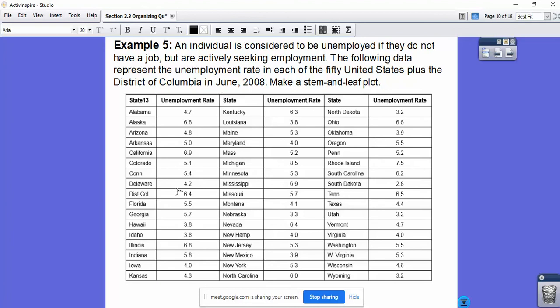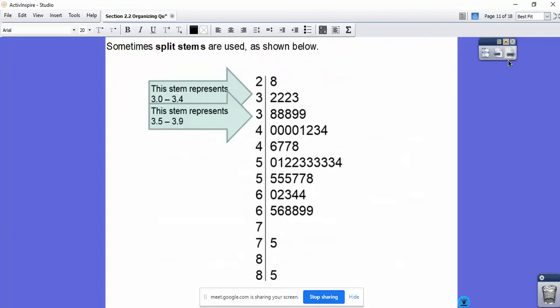If you want to make a stem and leaf plot for that, I'm just going to show it to you because we don't have a ton of time. Your stem is your whole number part. Since the data I had was 3.2, 4.7, 6.8, those types of numbers, those 3, 4, 6 are your stems. You have to put them in order from small to large.